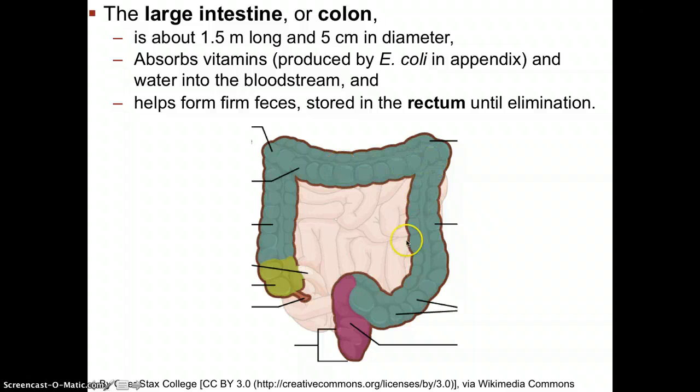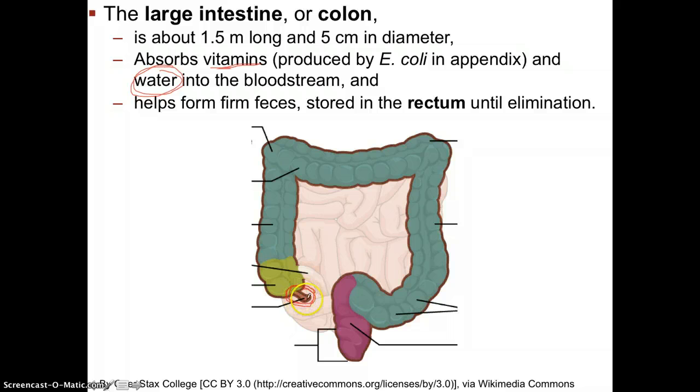All right, and then last, your large intestine. It's not very long, but it's wider in diameter. And the main thing here is reabsorbing water. So all the water that's in your digestive tract, some of it gets absorbed in the small intestine, and then your large intestine continues to absorb water, and then a few vitamins as well, which your book talks about being produced in the appendix.